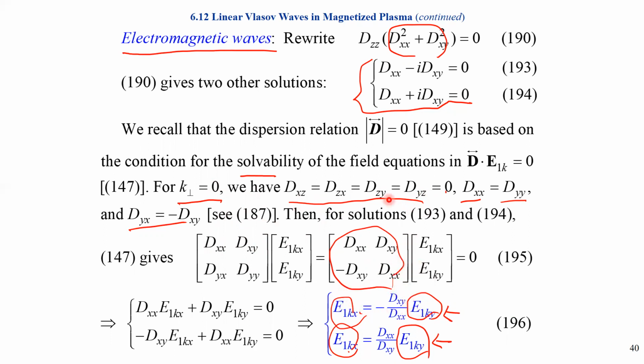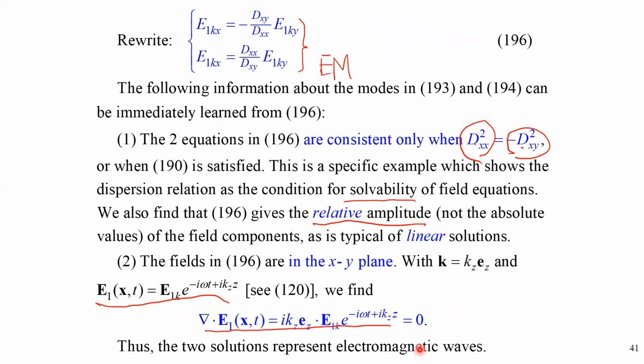However, we know dxx equals I dxy. So there is an I here. On the other hand, this one can be substituted to here. There is a dxx. There is another I. So x component and y component differ by imaginary components.